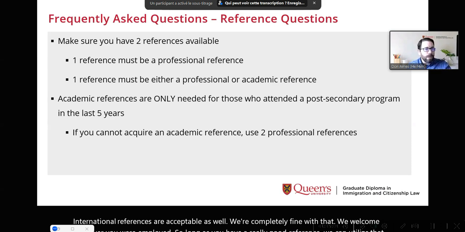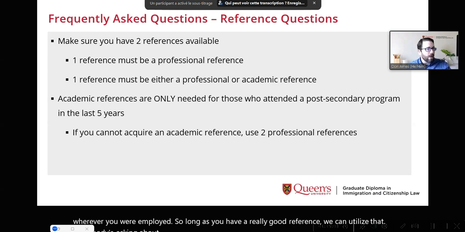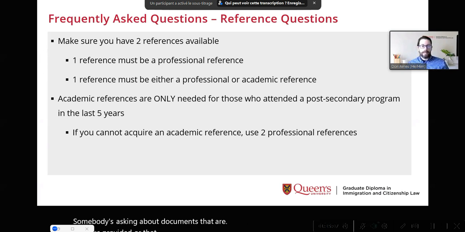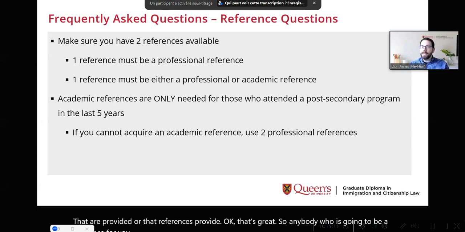Somebody's asking about documents that references provide. Oh, okay, that's great. So anybody who is going to be a reference for you, they're going to receive an email from the SGSPA office.